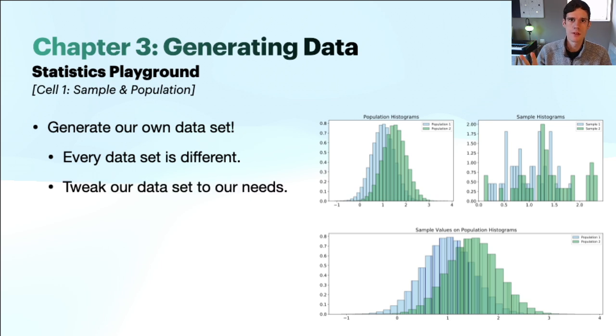The second reason why we would want to generate our own artificial datasets is because it allows us to tweak datasets to serve our specific educational purposes. For instance, when we look at the p-value or correlation, we can generate datasets that are specifically fine-tuned to illustrate these concepts and thereby make them more visual and thus more intuitive.